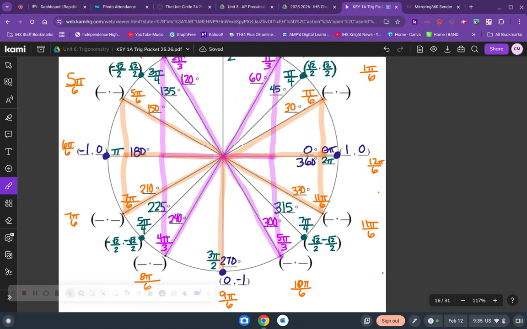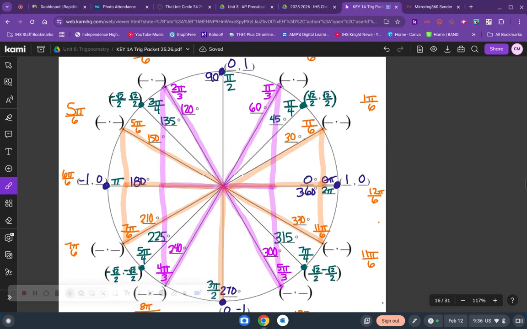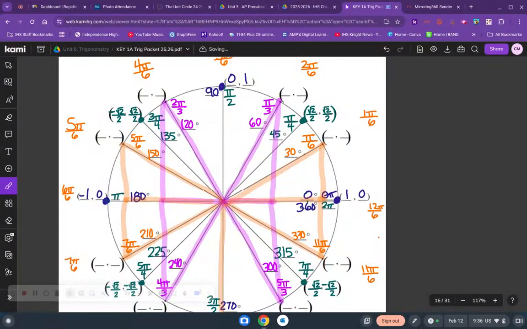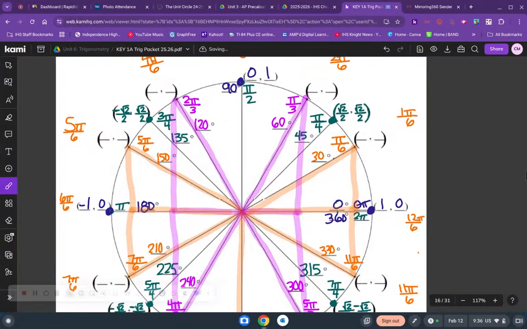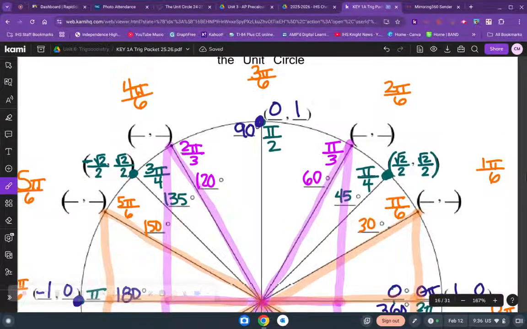You can Google the unit circle, and there are fun, silly ways to help you remember it. So I encourage you to find a way that works best for you. But this way, at least, you have some groundwork. You get to see why it is what it is, and counting it out is just one method that can work for filling it in.